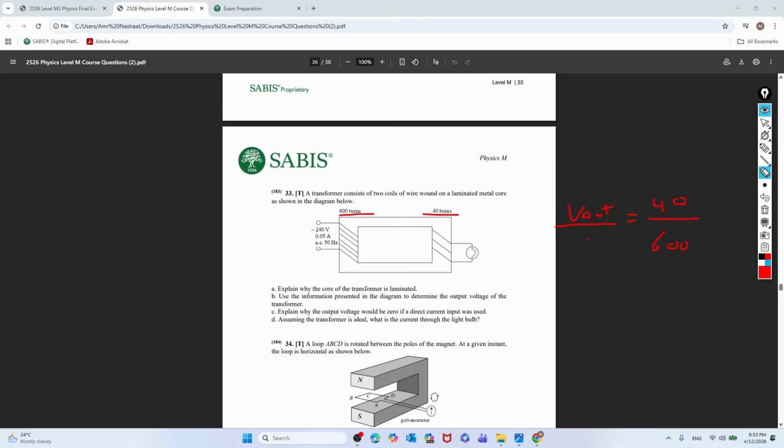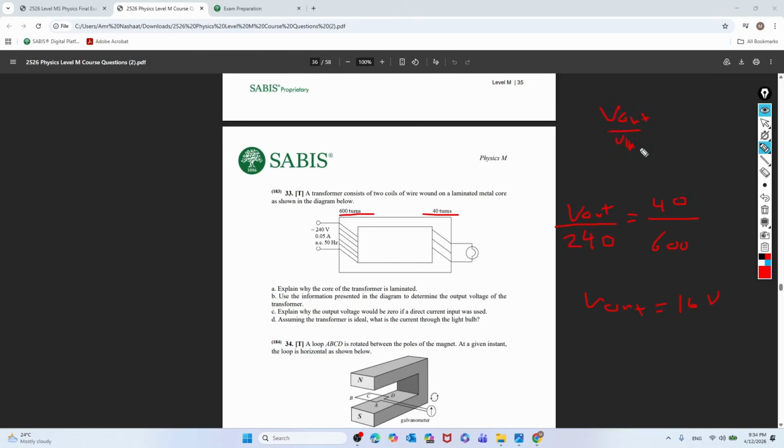What's V in? 240. Let me just do it on my calculator. You get 16. So V out equals 16 volts.